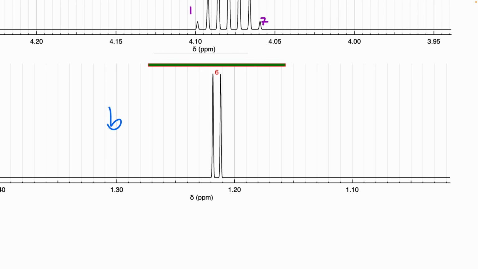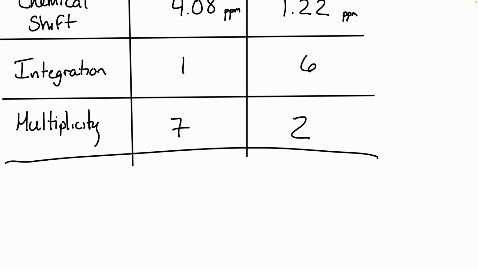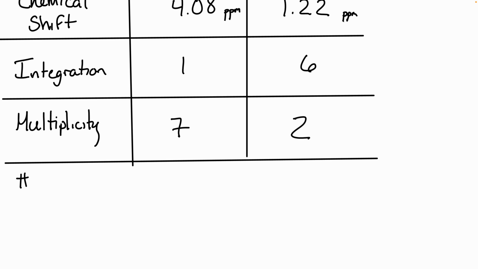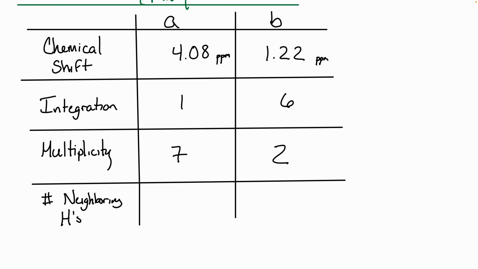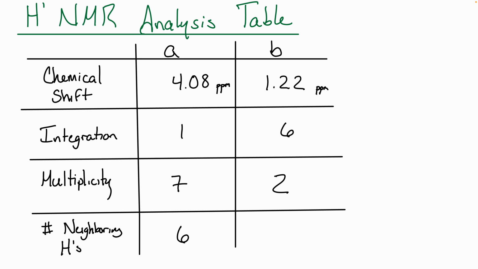I got these 2. 1, 2. So then let's make another column real quick, number of neighbors. If my multiplicity is 7, how many neighboring hydrogens would I have? 6. And if my multiplicity is 2, how many neighboring hydrogens? Just 1.